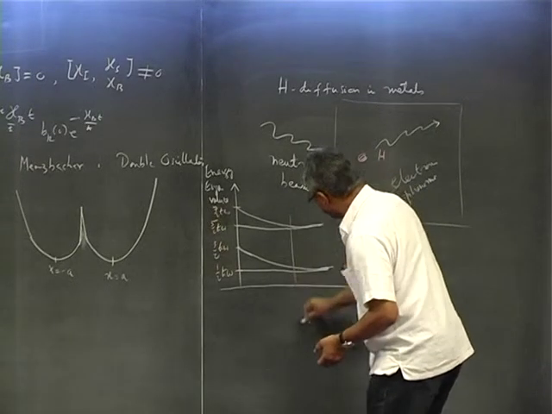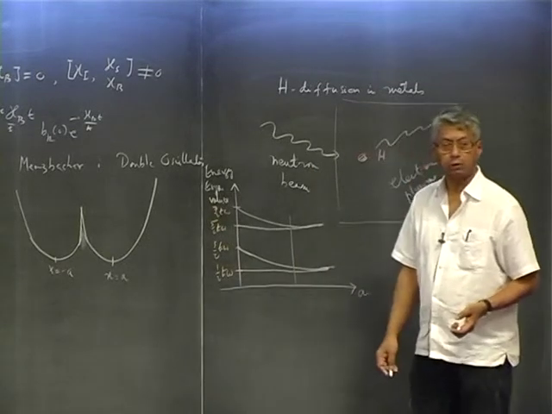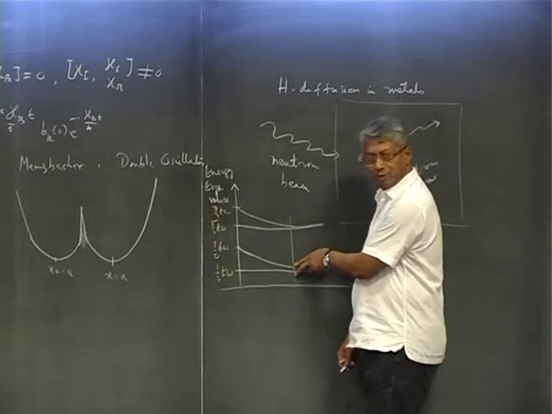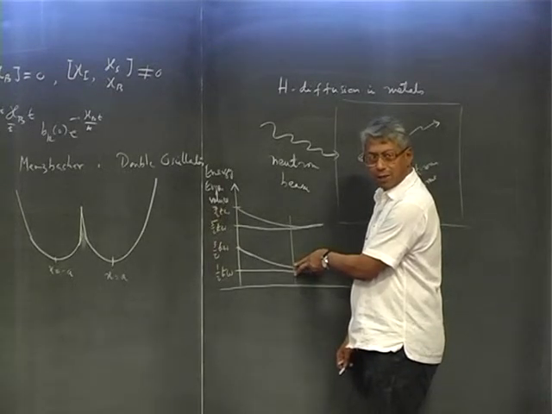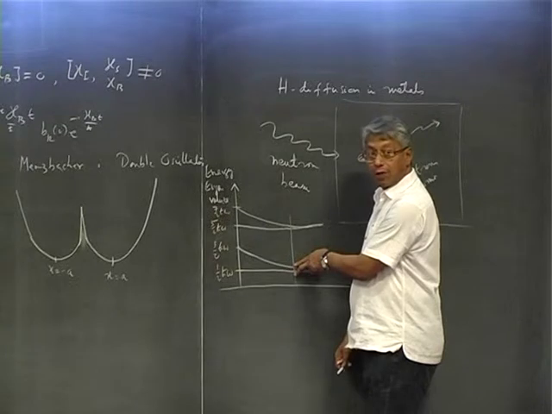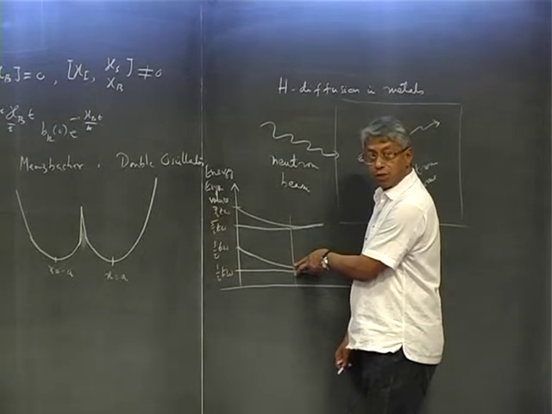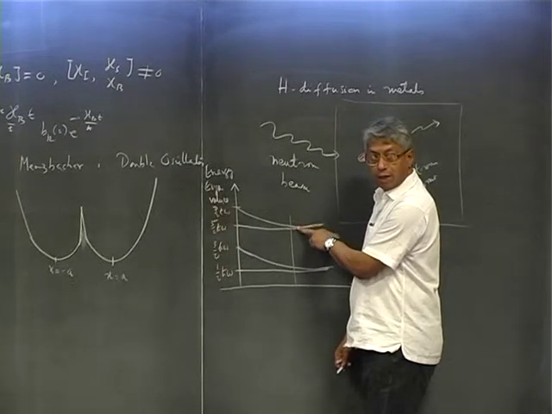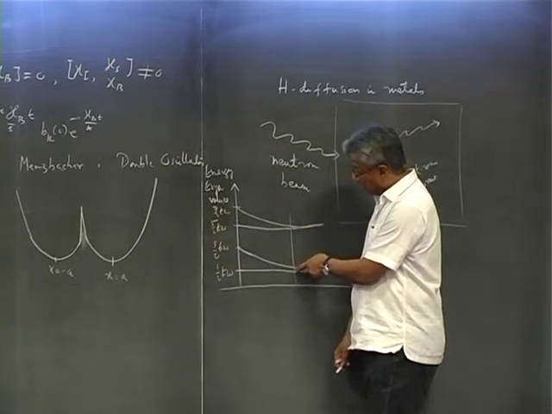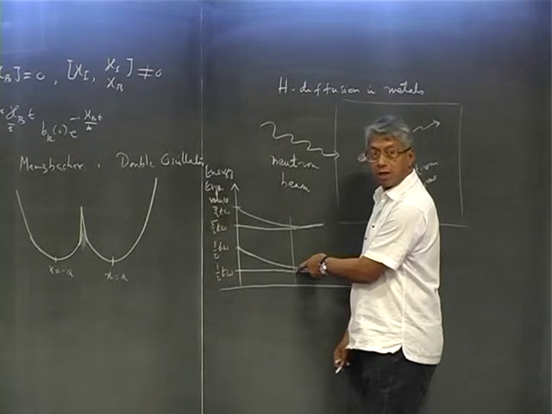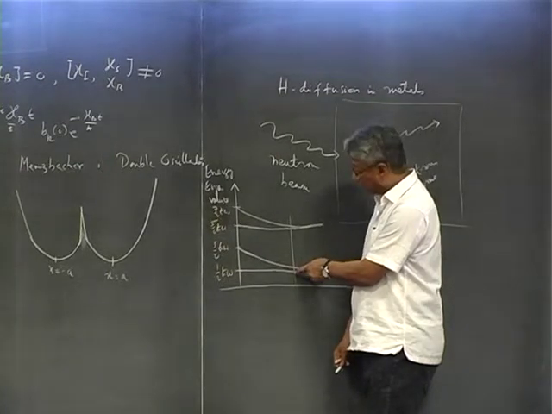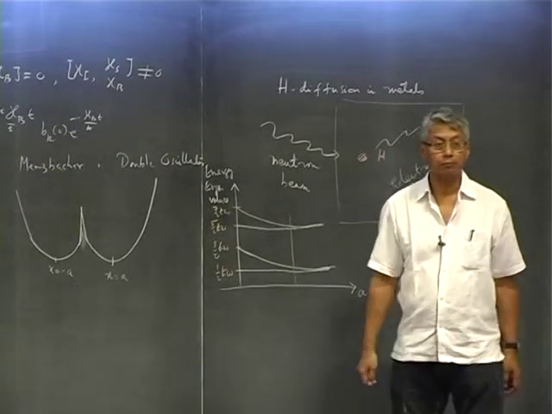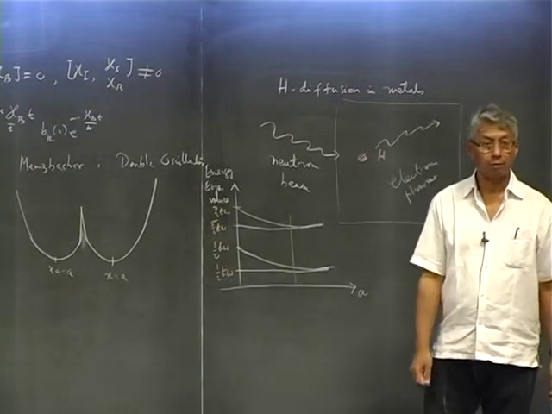Now if you are in this regime, that is, your A value is such that you're actually looking at very narrow energy separation, and also if your temperature is very small, so that you don't Boltzmann occupy the higher energy levels, then the system is now in a truncated Hilbert space where you only have to consider these two, this energy splitting, and that's the tunneling frequency.